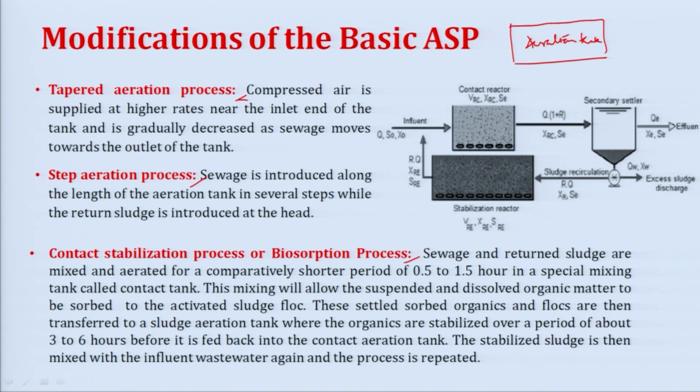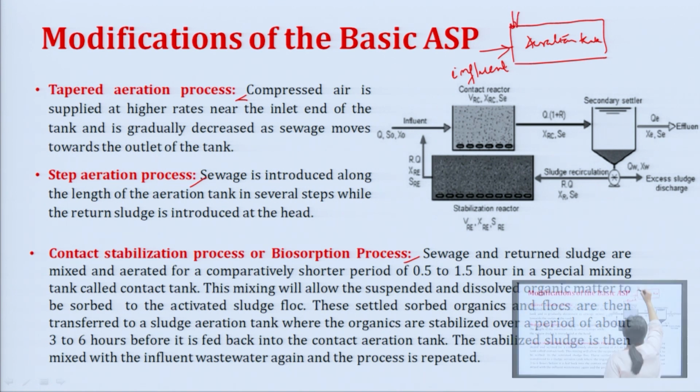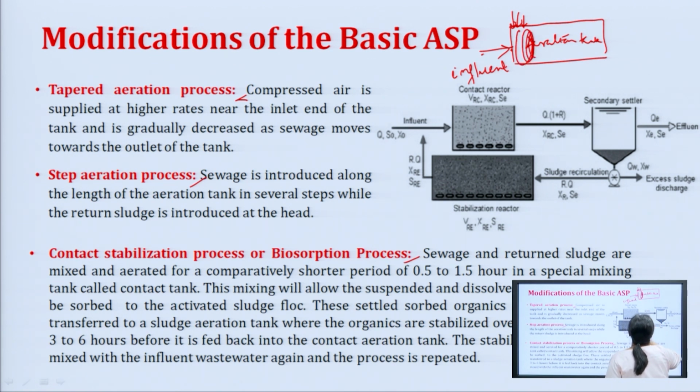Conventional में क्या होगा, जैसे फॉर एग्जांपल ये आपका इन्फ्लुएंट है, ओके, राइट. तो ये कंप्रेस एयर जो है एक जगह पे आपने फॉर एग्जांपल यहाँ पे आपने एयर डालना शुरू किया. So what the influent is getting mixed with the air, right, and सभी जगह पे. तो सब जगह पे क्या हुआ, इन्फ्लुएंट आपने एयर के साथ मिक्स कर लिया.